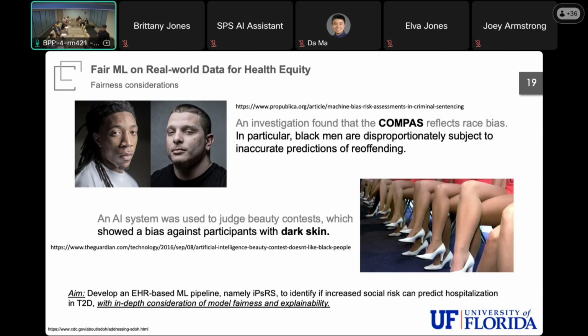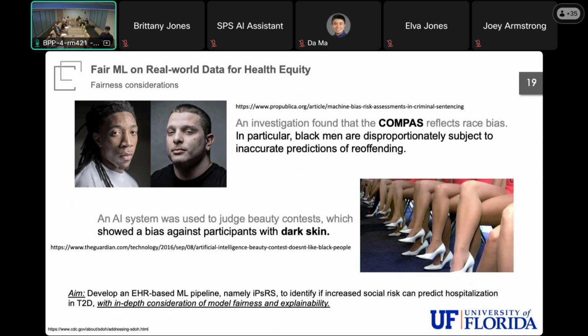An example comes from COMPAS, a tool used by US courts to evaluate the recidivism risk of criminals. An investigation found that this tool reflects racial bias, and black men are disproportionately subject to inaccurate predictions of reoffending.